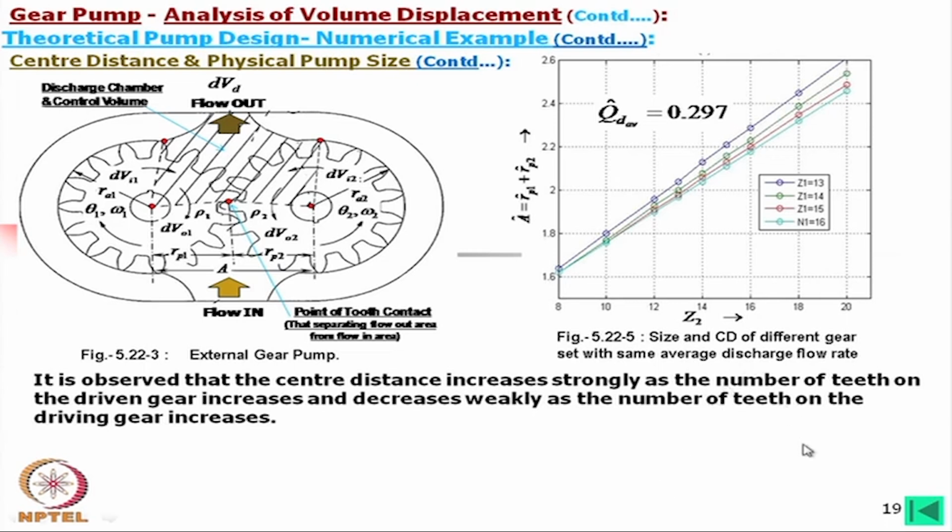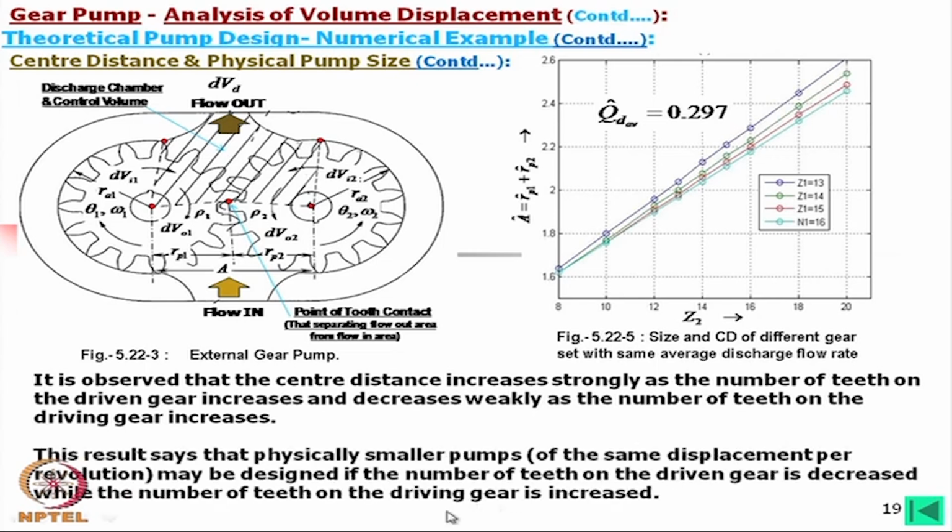But again I would say that the normal practice is still Z1 equal to Z2, and there is really not much reason for this number to be varied. If there is reduction of noise, flow ripple, etc., that is nominal, not much. These results say that physically smaller pumps of the same displacement per revolution may be designed if the number of teeth on the driven gear is decreased while the number of teeth on the driving gear is increased.